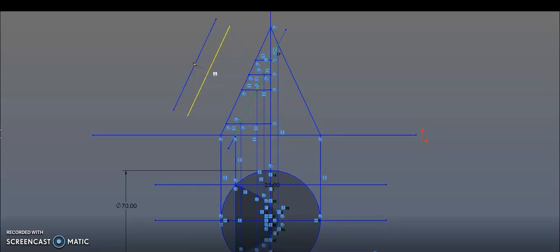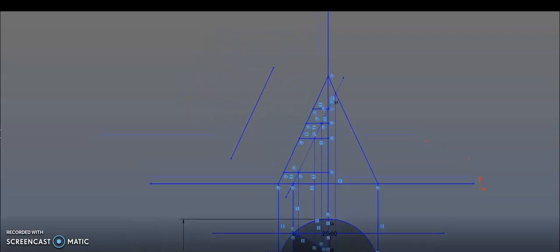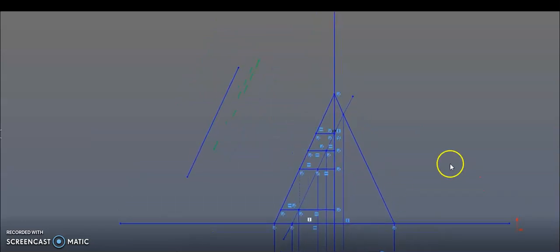Now we have to draw the true shape. For that we are taking the axis of the cone parallel to the cutting plane.